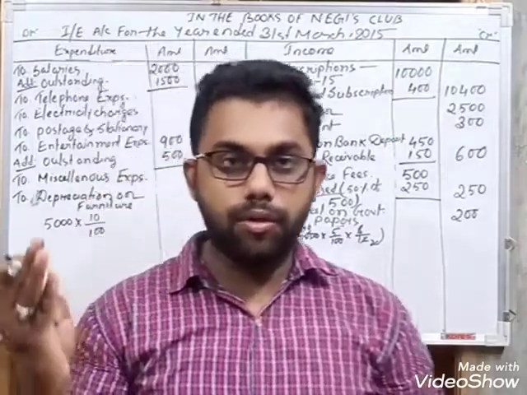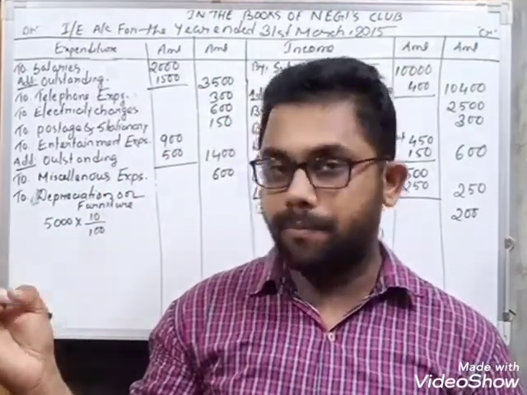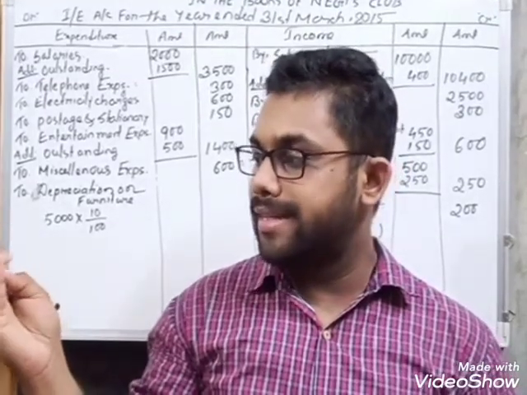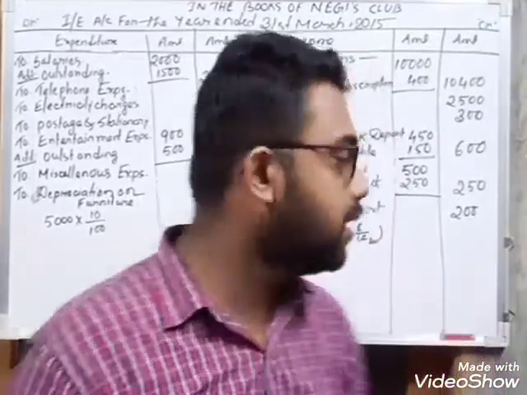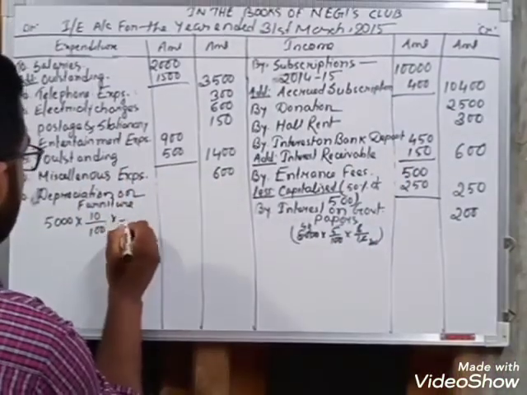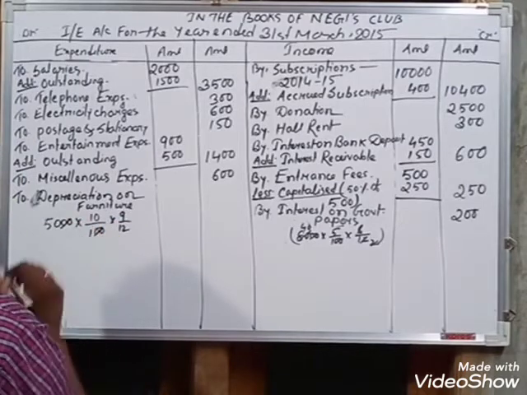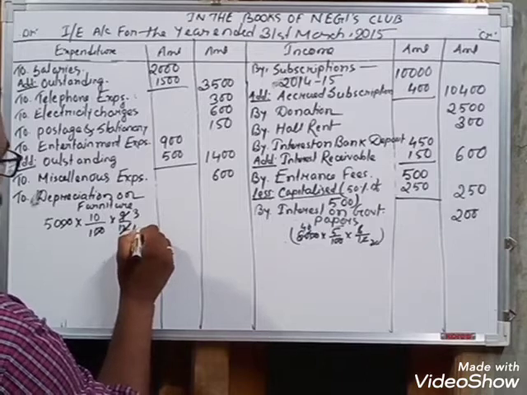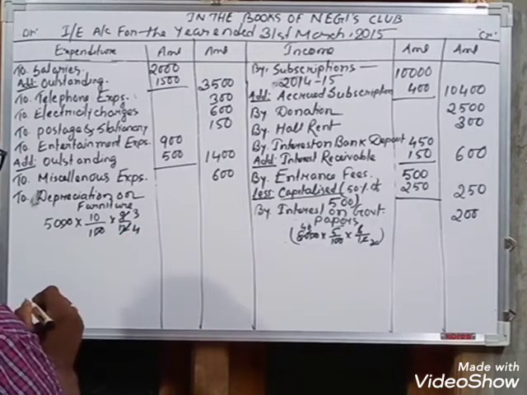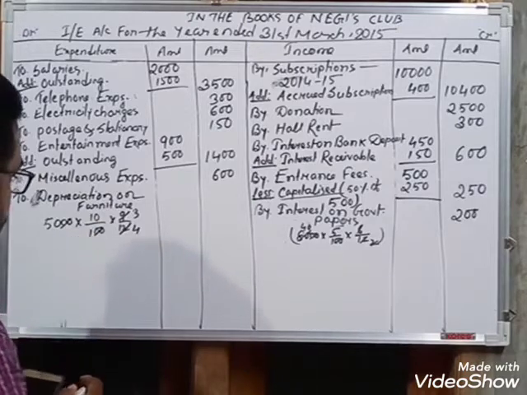So we have to charge depreciation for July, August, September, October, November, December, January, February, March. That means for 9 months, so into 9 by 12.